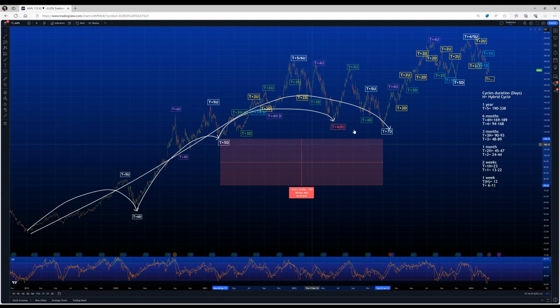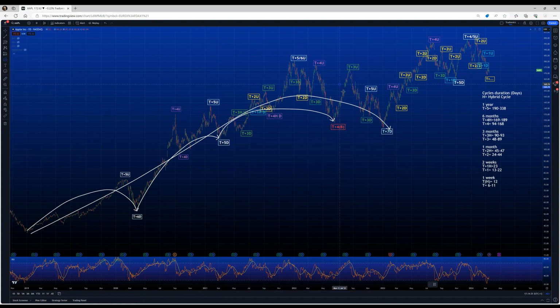Now, here we have had a Bayer tongue. This particular cycle has been a T plus 4, which was able to connect a T plus 7 and another T plus 7.